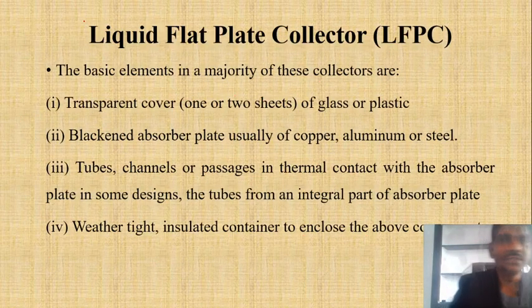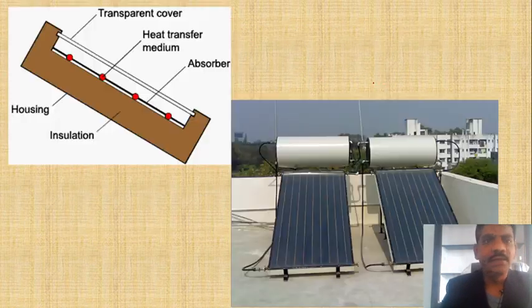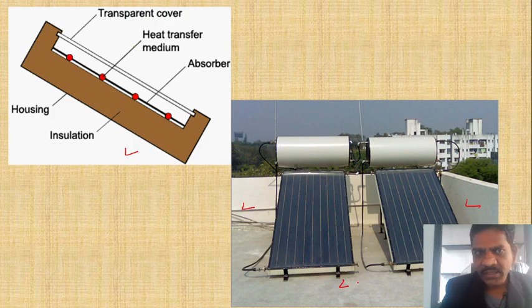So let's discuss first the liquid flat plate collector, LFPC, our first topic and very important. If you observe, this is the diagram of a liquid flat plate collector, guys. I think every student knows this liquid flat plate collector. This is placed on the top of the terrace.